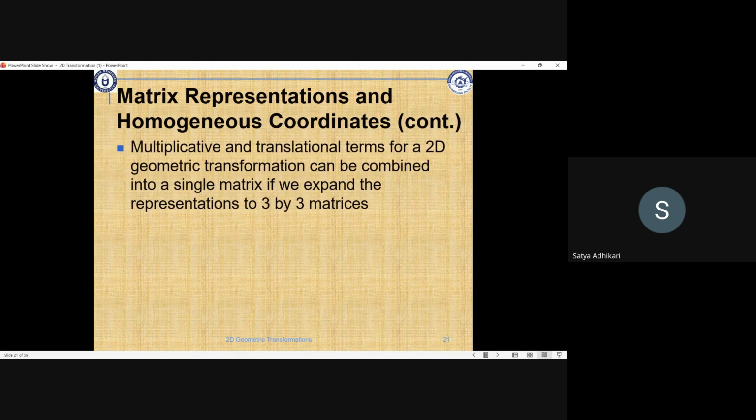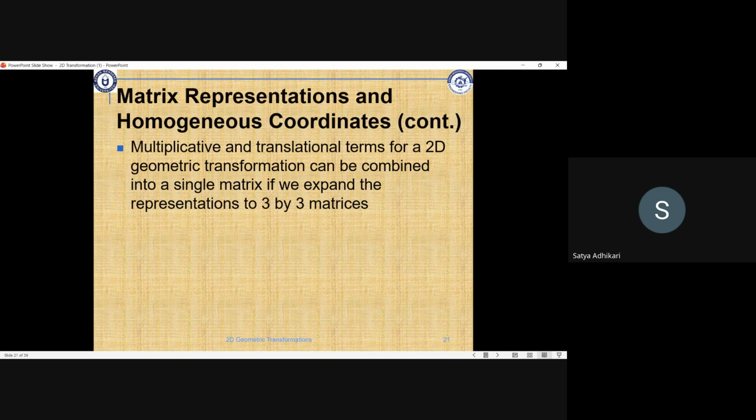Multiplicative and translational terms for a 2D geometric transformation can be combined into a single matrix if we expand the representation to 3 by 3 matrices. So suppose we have to apply translation followed by rotation followed by scaling. We need not apply the three matrices one by one.